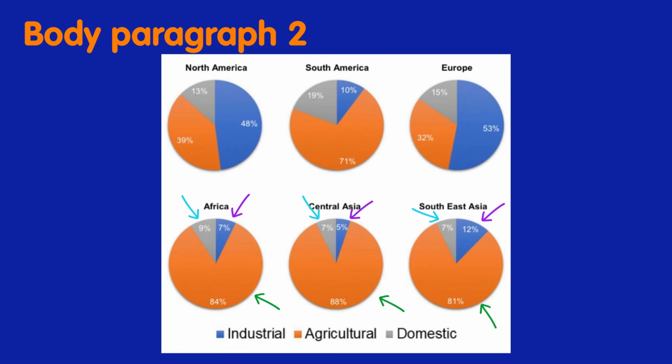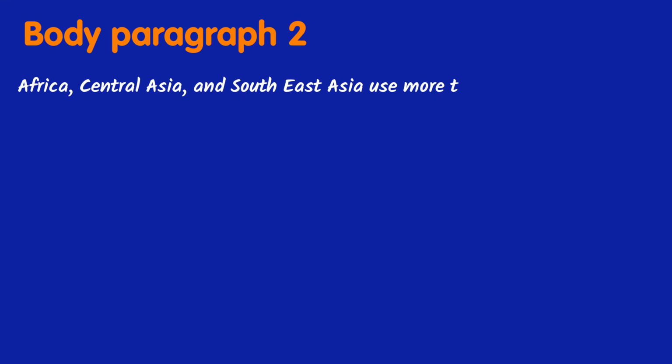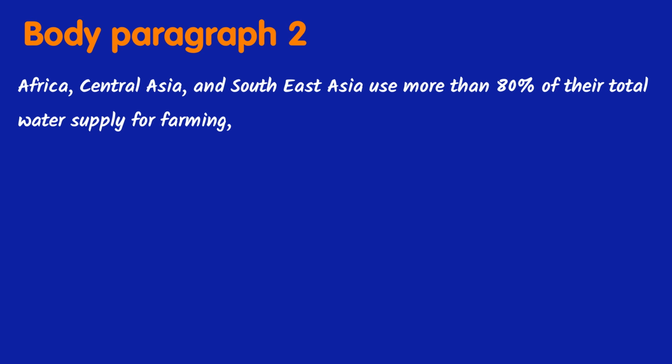So let's start writing our second body paragraph. Africa, Central Asia, and Southeast Asia, because I'm going to write about all three, because I'm going to talk about the, let's say, agricultural purpose, which is the highest in these three countries. Again, Africa, Central Asia, and Southeast Asia use more than 80% of their total water supply for farming.